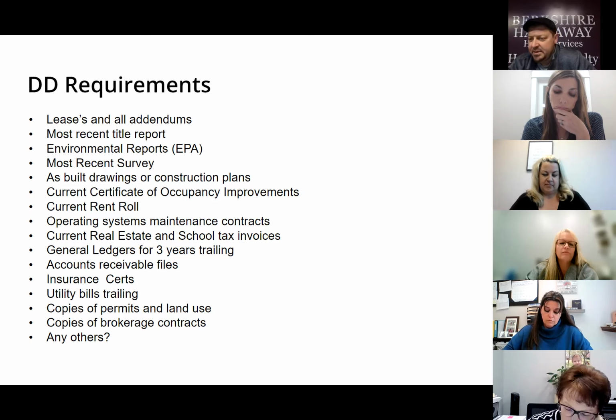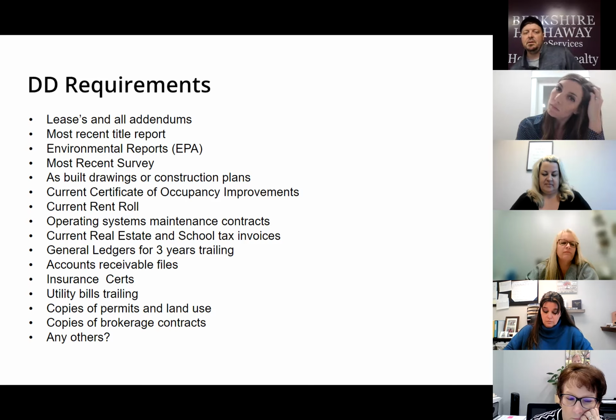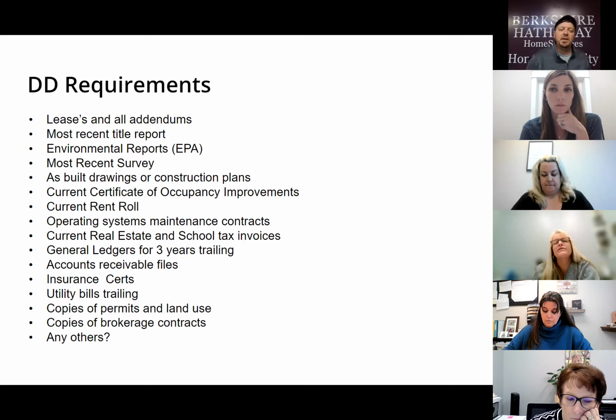A current certificate of occupancy and any improvements, the current rent roll, operating systems and maintenance contracts, current real estate and school tax invoices, general ledgers for 3 years trailing, any accounts receivable files, insurance certs, utility bills usually trailing for 12 months to 3 years, and any copies of permits and land use, and any copies of any brokerage contracts.